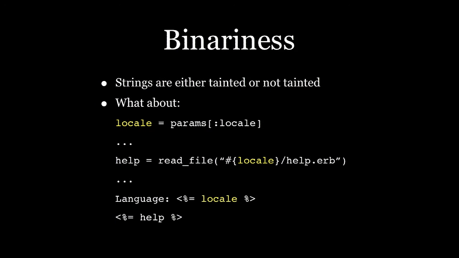And the binariness, right? This particular example illustrates it really well. In this tainting system, data can be either tainted or untainted, right? So look at this particular piece of code. What we have here is a parameter value, and we use it to open a file and then to display it back on the page too, right?